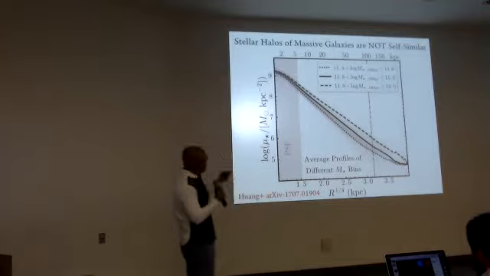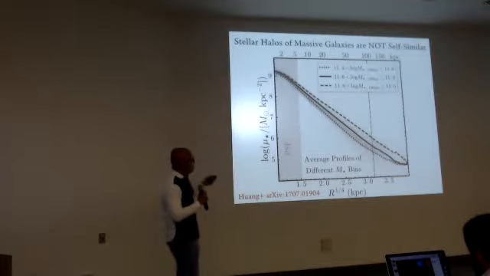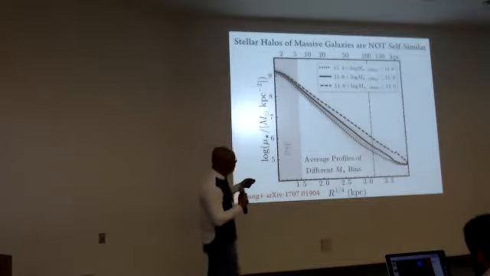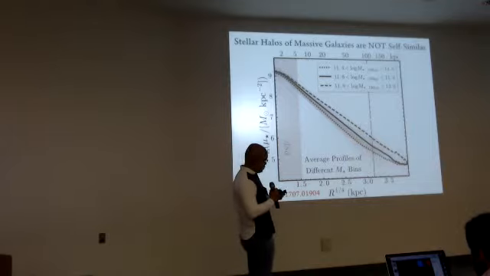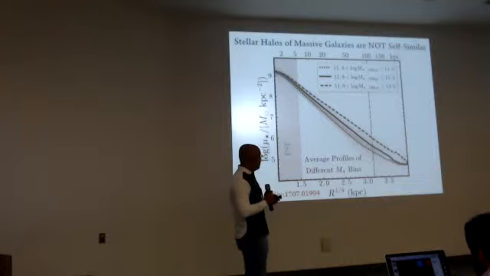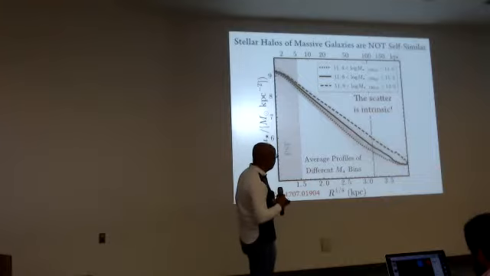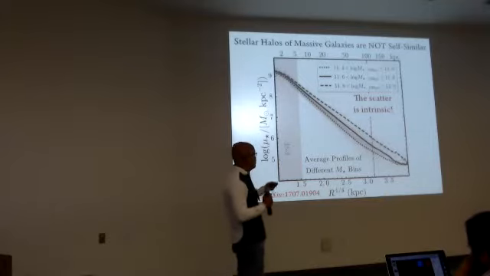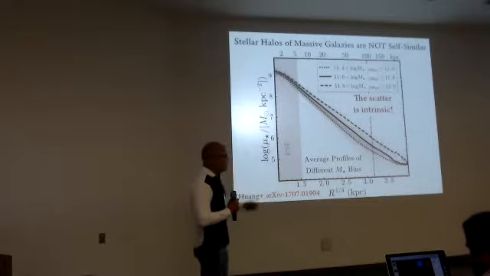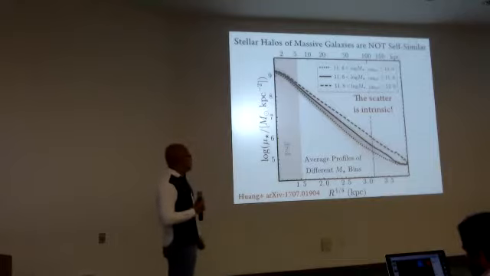The slopes of their inner stellar mass density profiles are very similar, but in the outskirts they show large differences and a lot of scatter. I should emphasize here that because of the depth of the HSC images, the scatter we're talking about is not because of photometric error. This is intrinsic and has interesting physical insight.